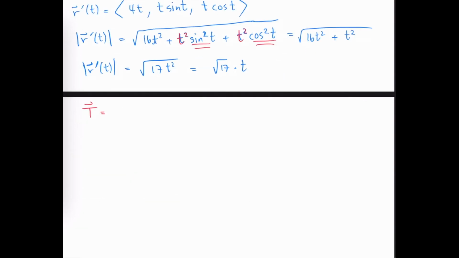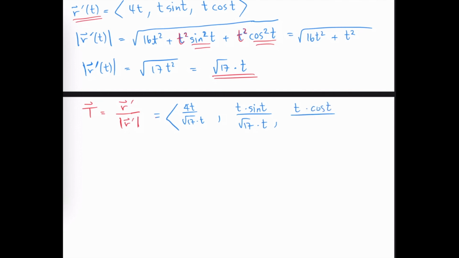So now to find the unit tangent vector, and as a reminder, that's r prime over the magnitude of r prime, which means we're going to take this derivative vector and divide each of the components by the square root of 17 times t. So we get 4t over rad 17 times t as the first component, t sine t over rad 17 times t, and the z component is t cos t divided by rad 17 times t.